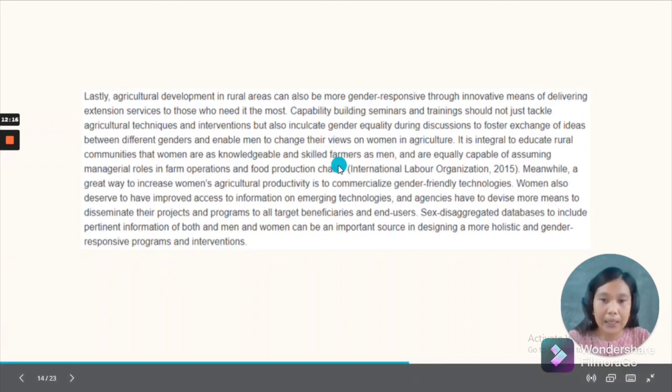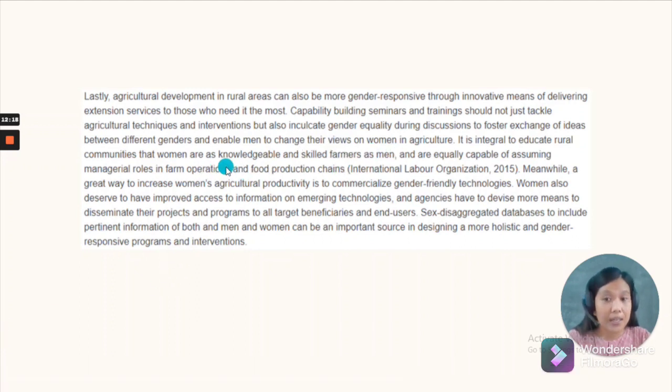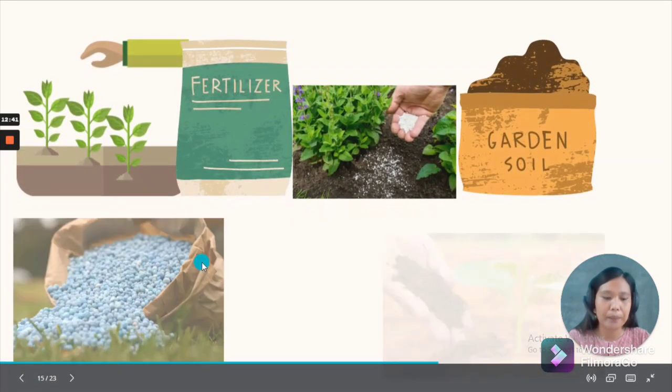Because women farmers are as knowledgeable and skilled as men and are equally capable of assuming managerial roles in farm operations and food production chains. So a great way to increase women's agricultural productivity is to commercialize gender-friendly technologies. So may role gid ang women.